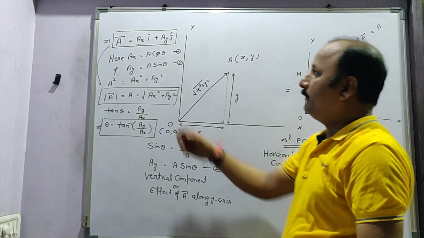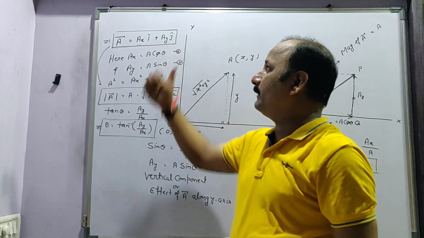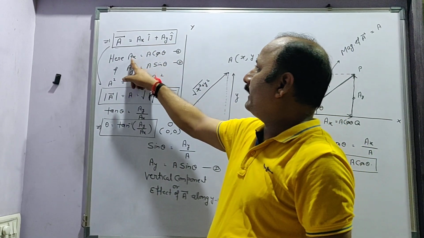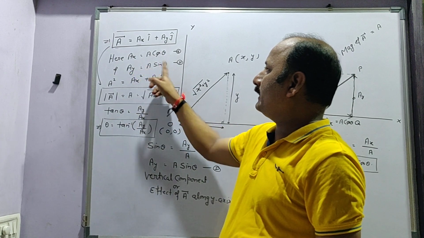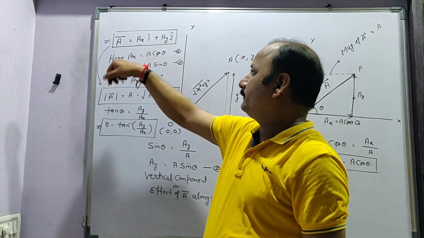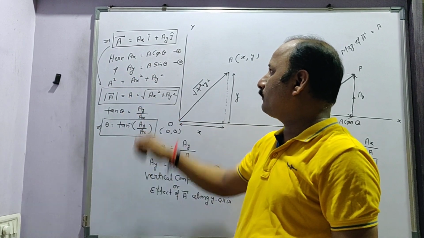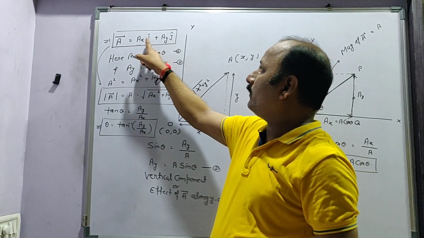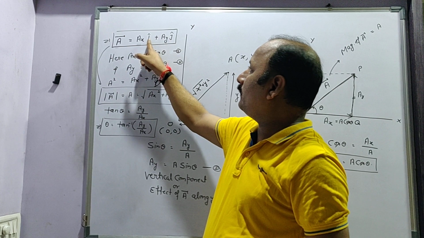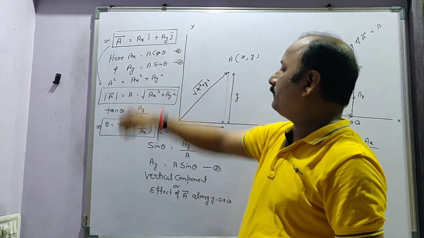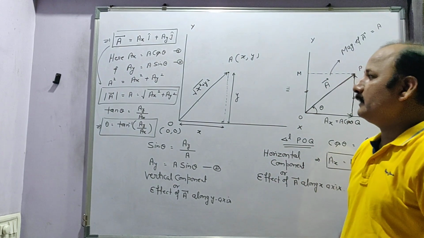So when a vector is given in any plane, like A vector equal to Ax i cap plus Ay j cap, where Ax is A cos theta and Ay is A sin theta, just take the mod. So the mod of A vector, which is A, is equal to square root of the square of the coefficient of i cap, that is Ax square, similarly the coefficient of j, that is Ay square.